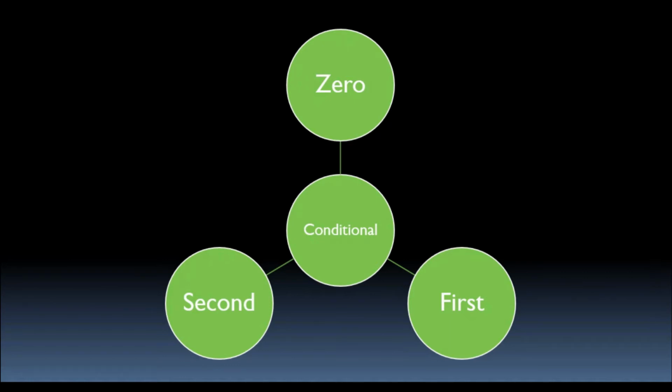There are three basic English conditionals plus the so-called zero conditional. There are some more conditionals that we do not use so often. Conditionals can be categorized as zero conditional, first conditional, and second conditional.